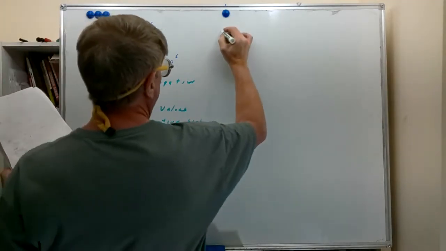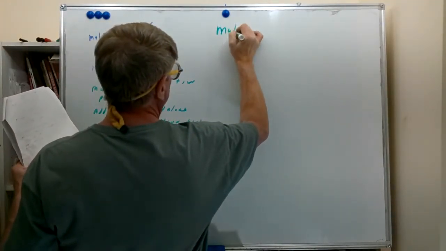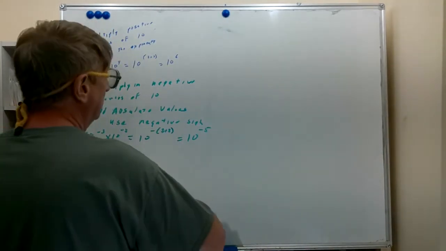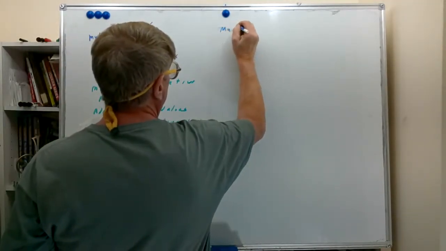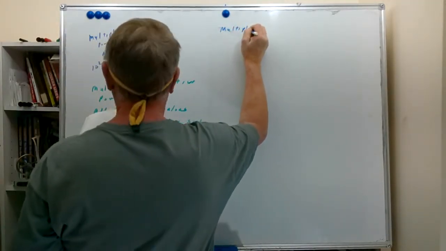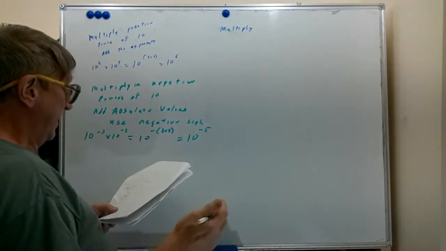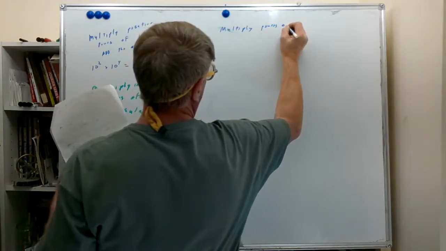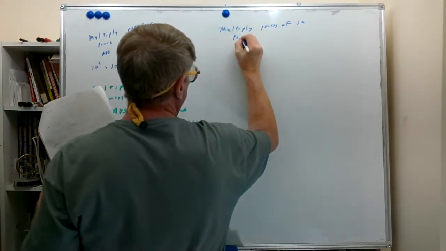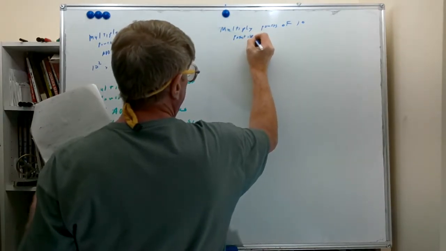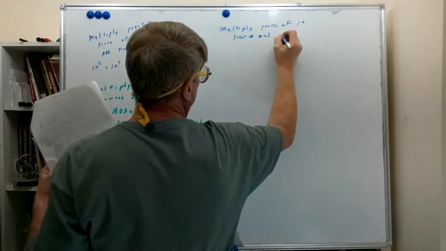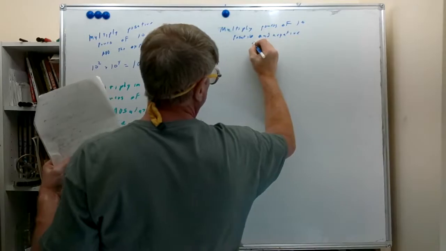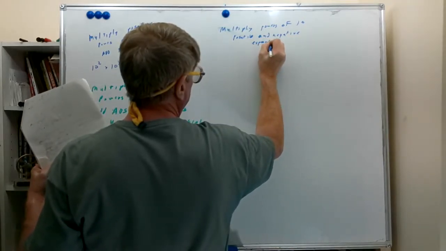Now we're going to multiply powers of 10 that have positive and negative exponents.